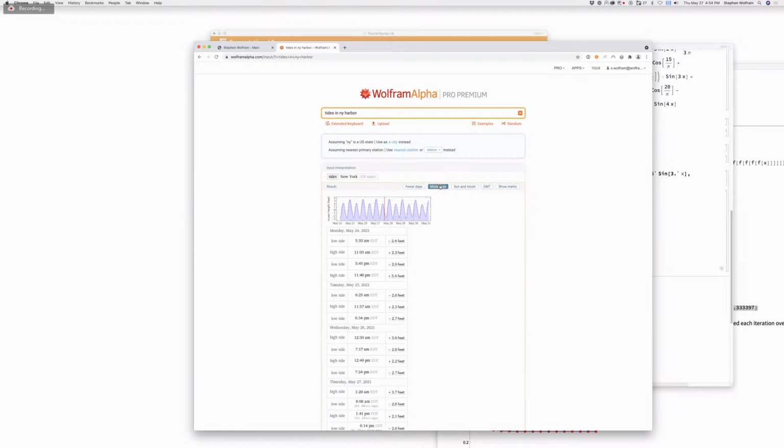Actually, it looks more periodic than I remembered. I don't think it is always that periodic. There are plenty of places where it looks a lot less periodic than that.